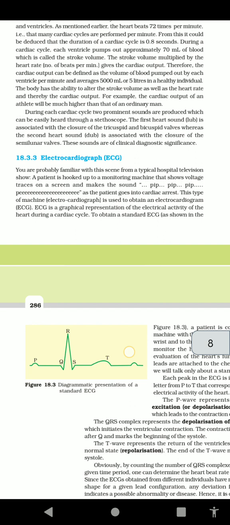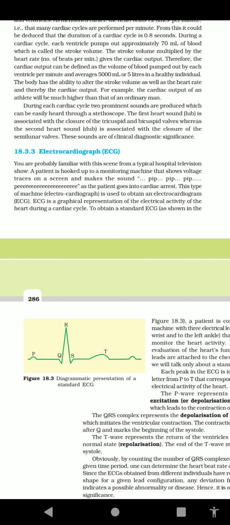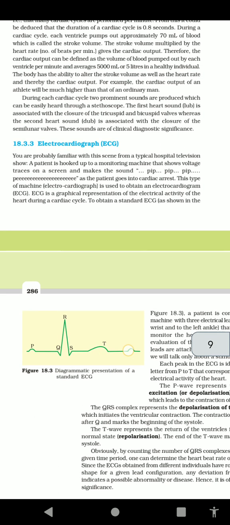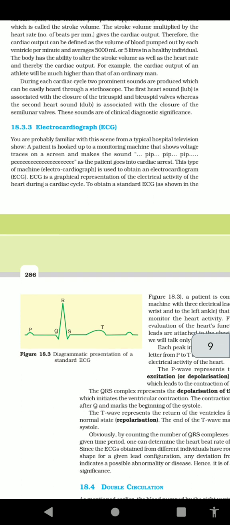During a cardiac cycle, each ventricle pumps out approximately 70 ml of blood, which is called the stroke volume. The stroke volume multiplied by the heart rate, or beats per minute, gives the cardiac output. Therefore, cardiac output can be defined as the volume of blood pumped by each ventricle per minute, on average 5000 ml or 5 liters in a healthy individual.